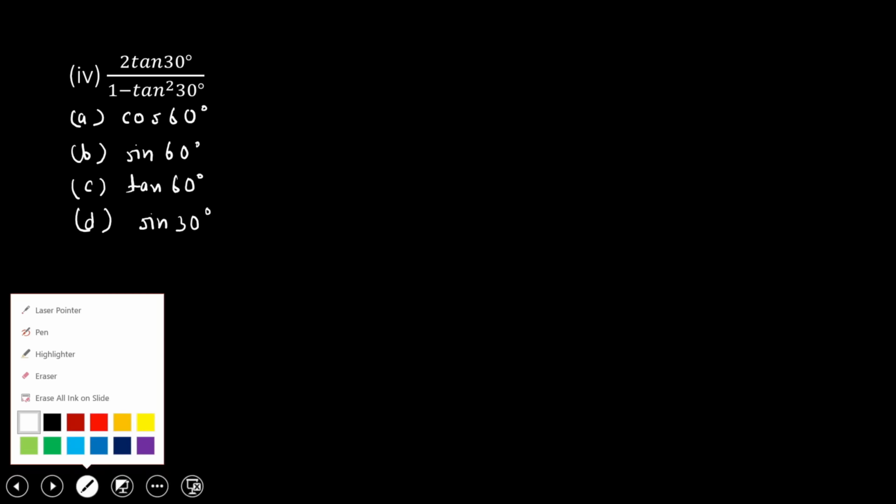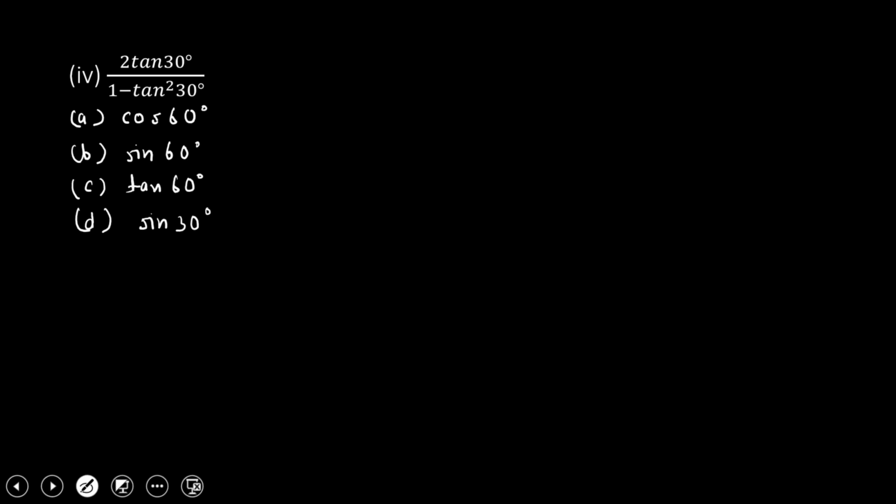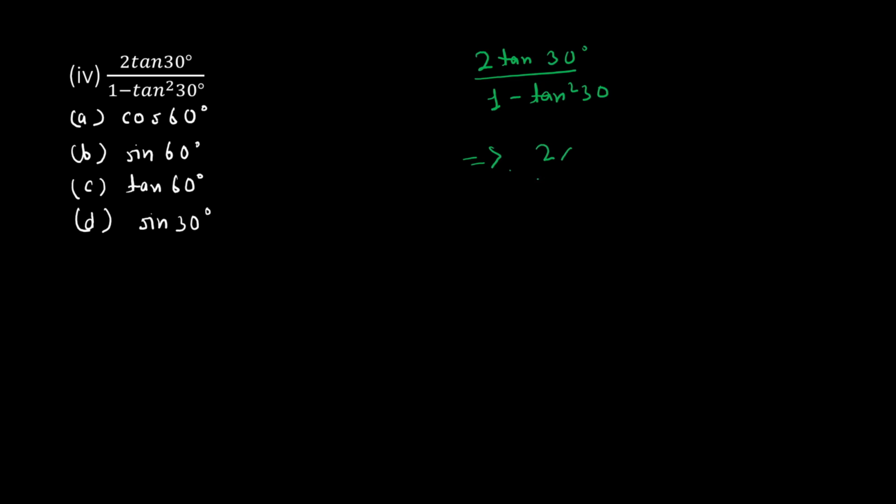Now we will solve. 2 tan 30 degree upon 1 minus tan square 30. So what is the value of tan 30? 2 into tan 30, which is 1 by root 3, upon 1 minus 1 by root 3 and its whole square.